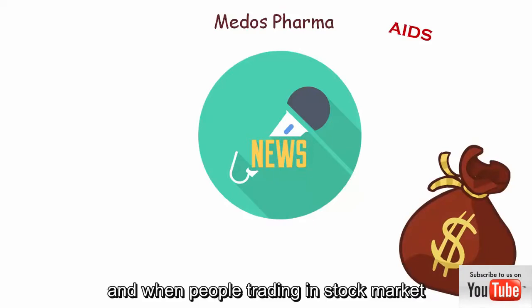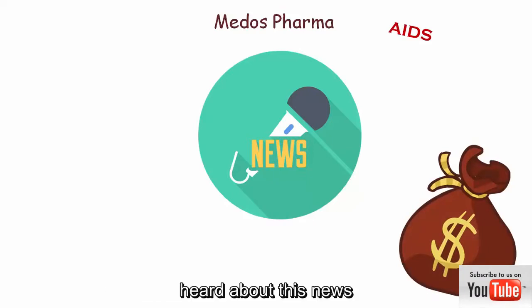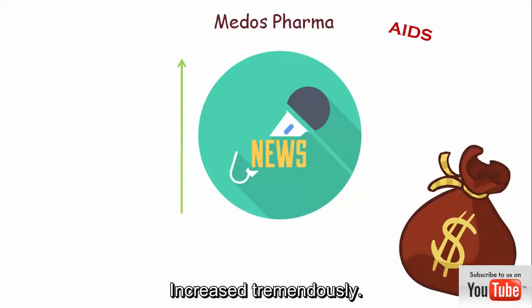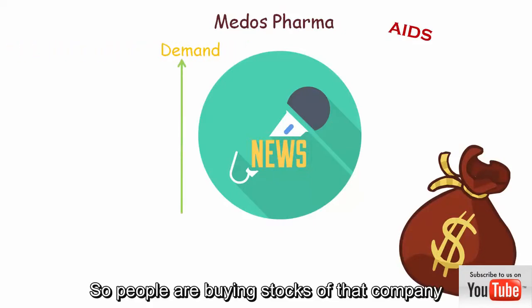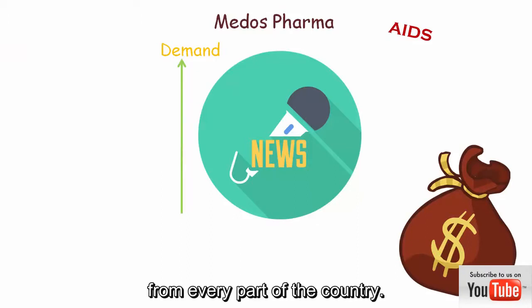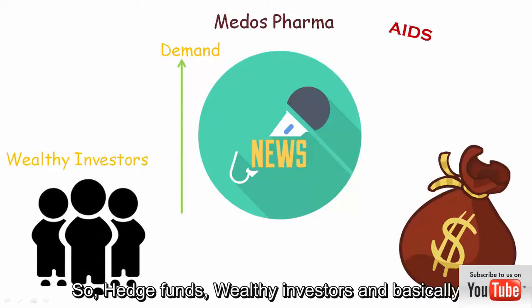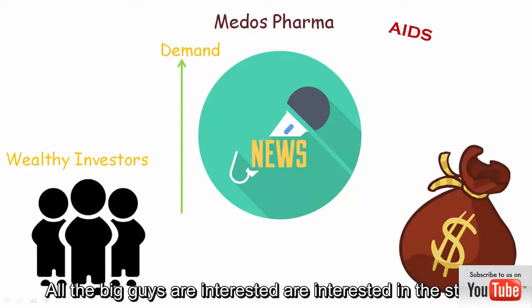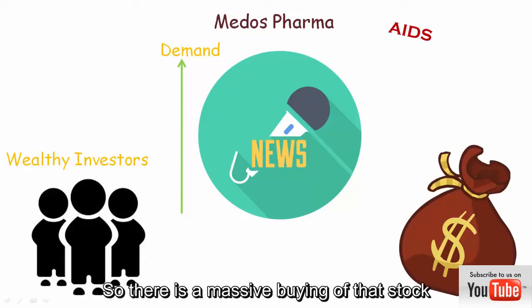When people trading in the stock market heard this news, demand for that stock increased tremendously. People are now buying stocks of that company from every part of the country. Hedge funds, wealthy investors, and basically all the big guys are really interested in the stock, so there's massive buying of that stock.